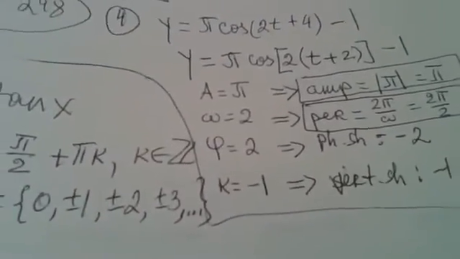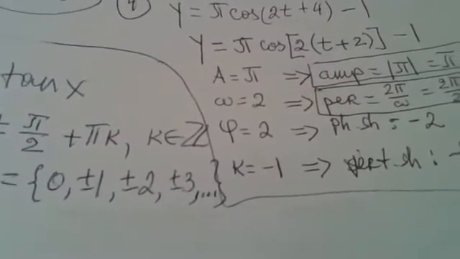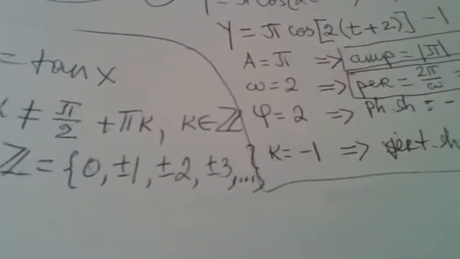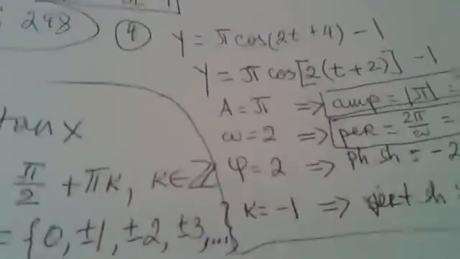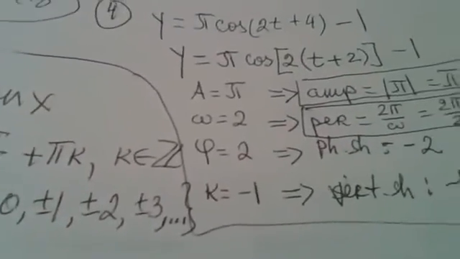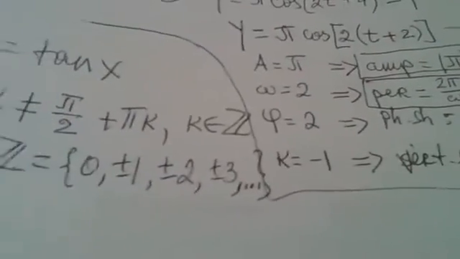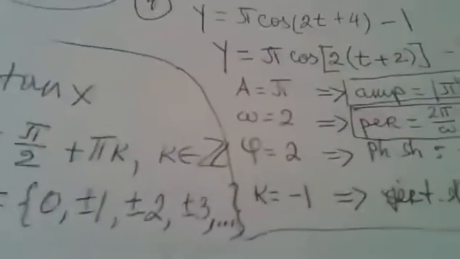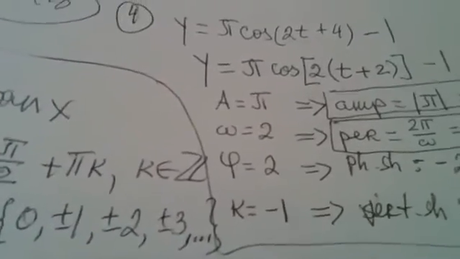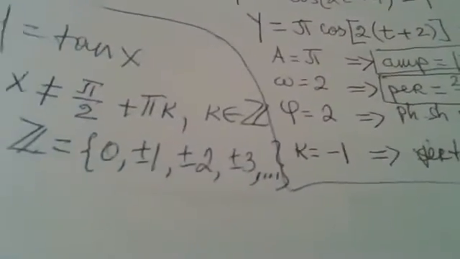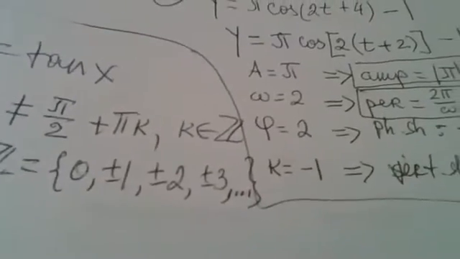Each time we move from the previous angle to another one at a distance of pi. When k is equal to 0, it will be just pi over 2. If k is equal to 1, it will be 3 pi over 2. If k is equal to 2, it will be pi over 2 plus 2 pi, which is 5 pi over 2, etc. Z here is the set of all integers.